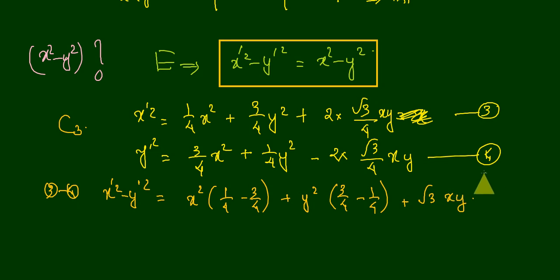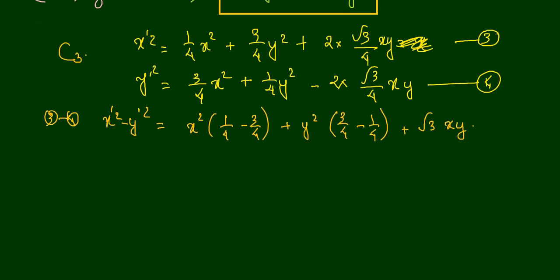And here we can see that x square minus y square transforms like this. If we are writing it in a better way, we can write it like 1 by 4 minus 3 by 4 into x square, then minus of 1 by 4 minus 3 by 4, I can write like this, y square.